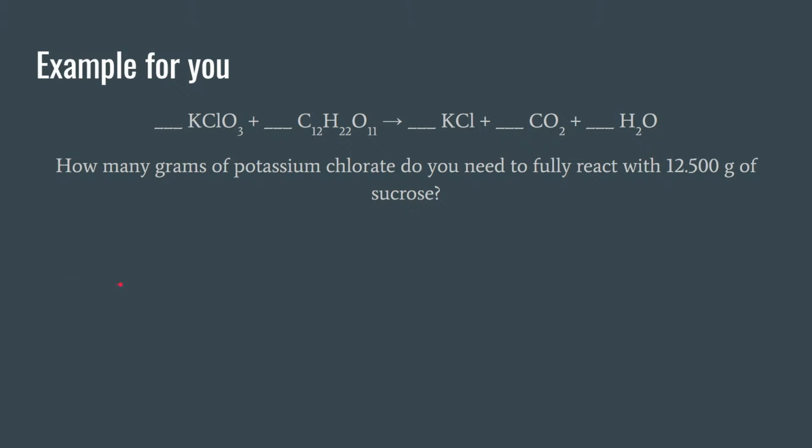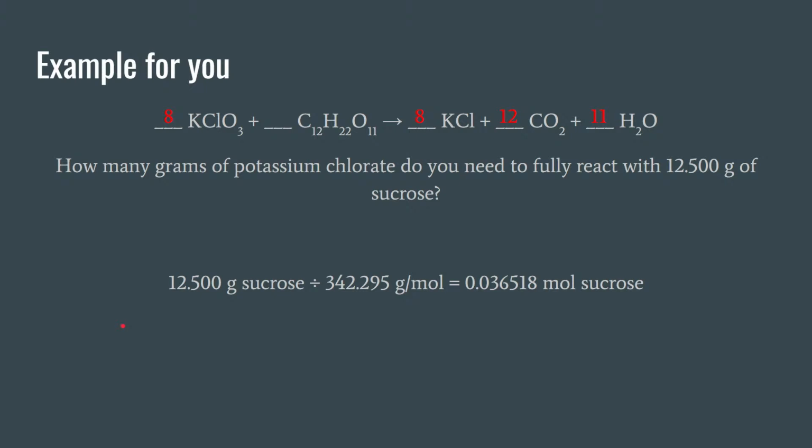Okay, well, welcome back anyway. So here is the balanced reaction. You're going to need 8 moles of potassium chlorate for every 1 mole of sucrose. Yeah, those numbers are big, but that's because you have so many atoms of carbon, hydrogen, and oxygen inside of sucrose. That's all. All right, so 12.5 grams of sucrose.